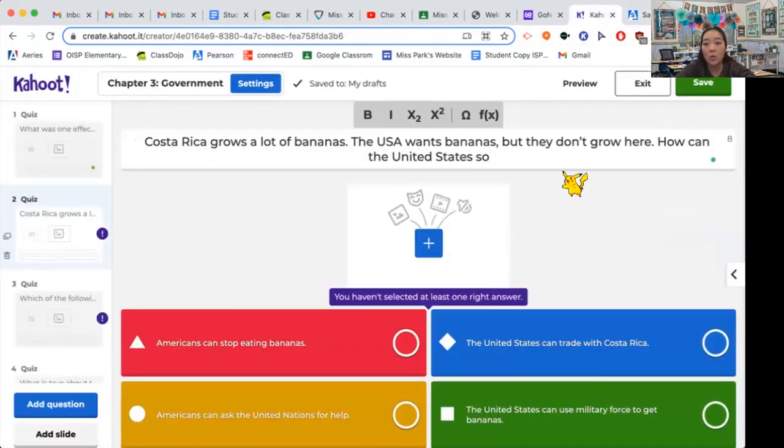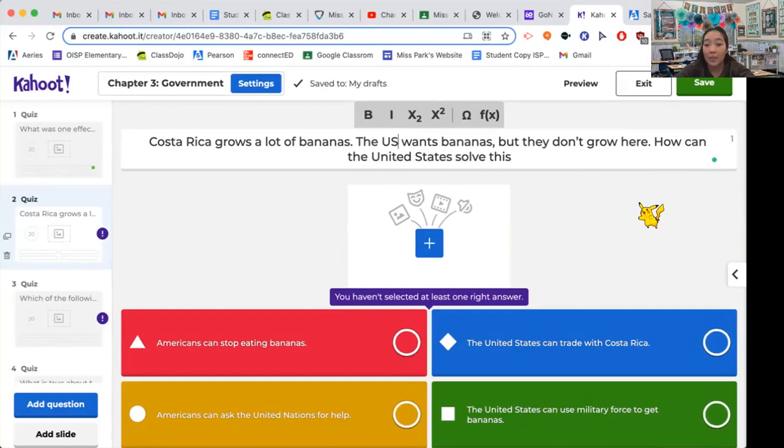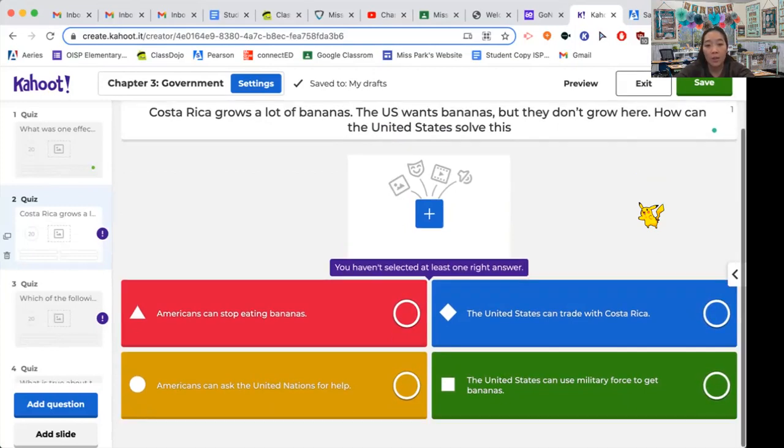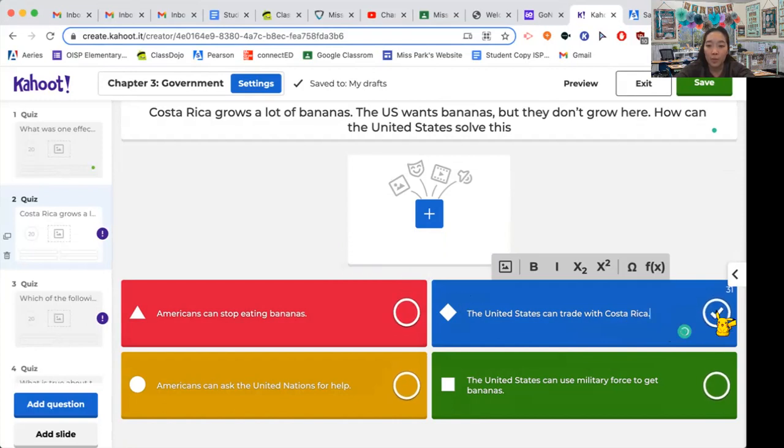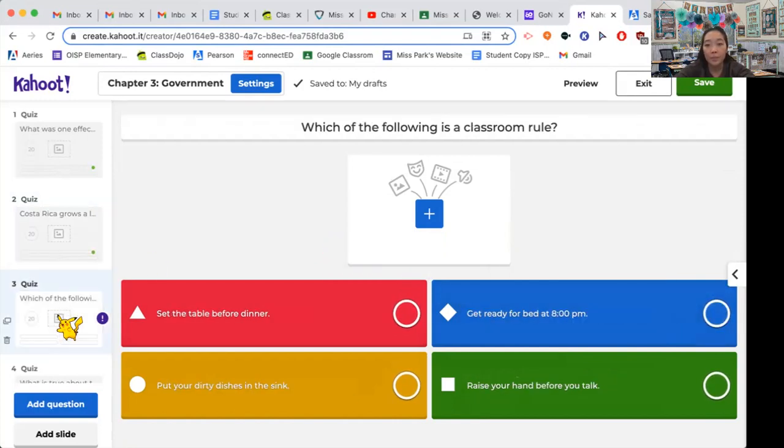So sometimes when you do these quizzes, you can only write so many words. So you need to make sure that you have a limit to how much you can write, okay? And then you'll say that they want to trade with Costa Rica. So you'll click on that button.